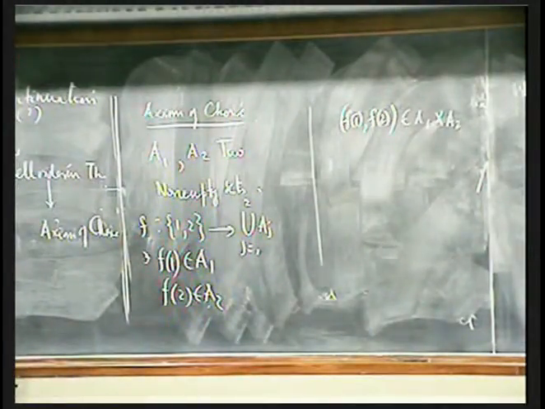So, this is called a choice function. Such a function is called a choice function. It chooses a representative from A1 and a representative from A2. And any choice function like this can be interpreted as an element of A1 cross A2. Now we extend this definition.